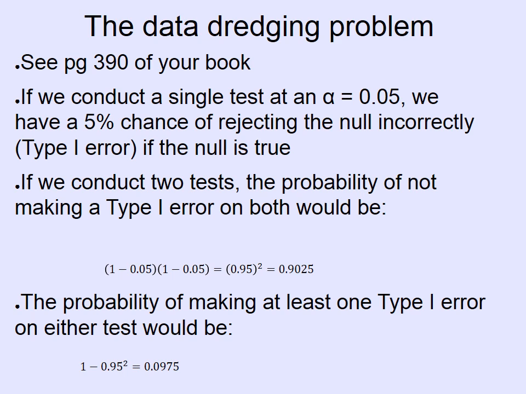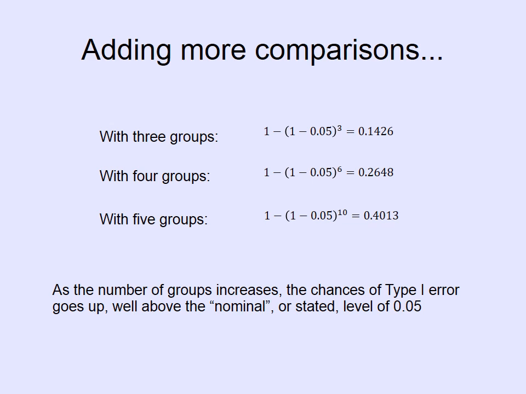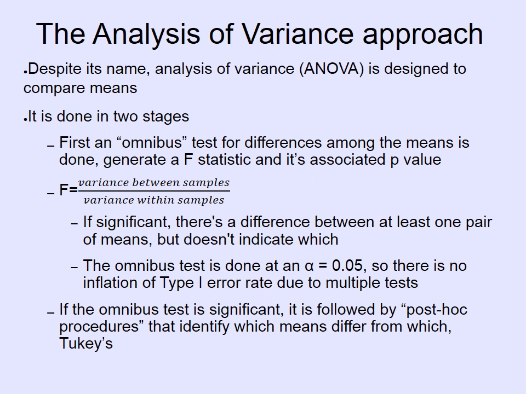The problem is that when you do a bunch of multiple tests, you're inflating your type 1 error for the data. And this is especially why we don't do multiple t-tests to tell the difference between three or more groups, because we will be inflating our type 1 error above 0.05, and that's why we don't do it.